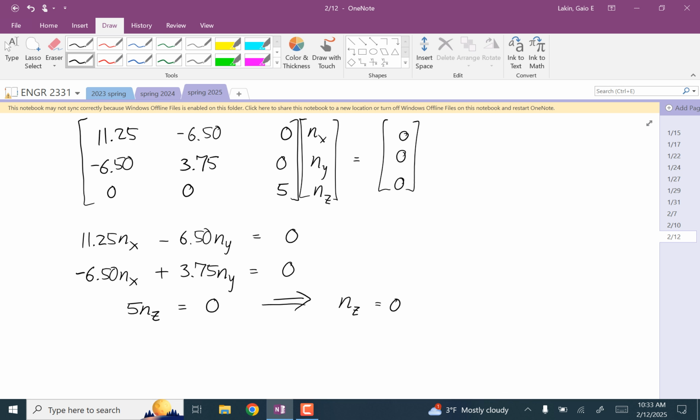Okay, that totally makes sense. And if we do this, 6.5 divided by 11.25 is 0.577. So these two are the same equation.